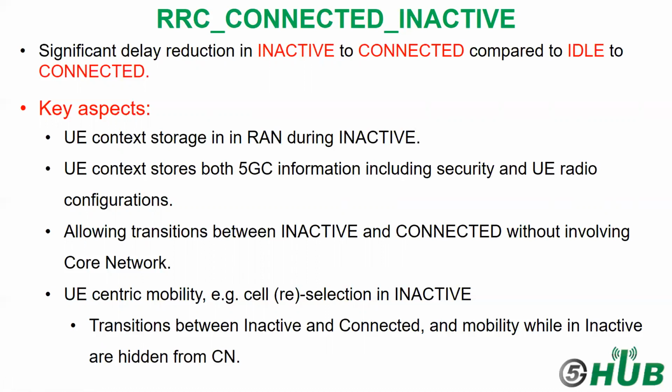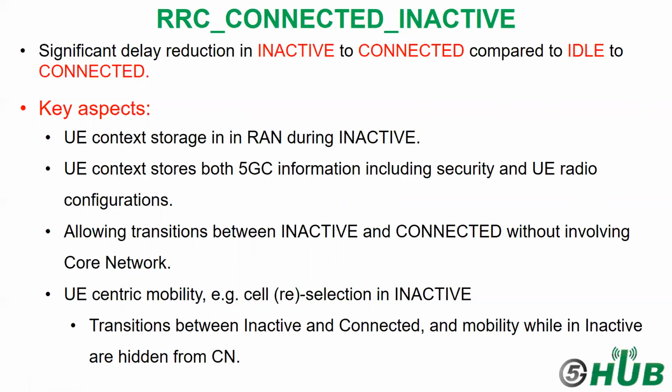Also, location tracking during RRC inactive is based on cell selection, where the user equipment may move within the configured area in RAN without notifying the network about its location. Also, it allows transition between inactive and connected without involving the core network. This will reduce the latency significantly.